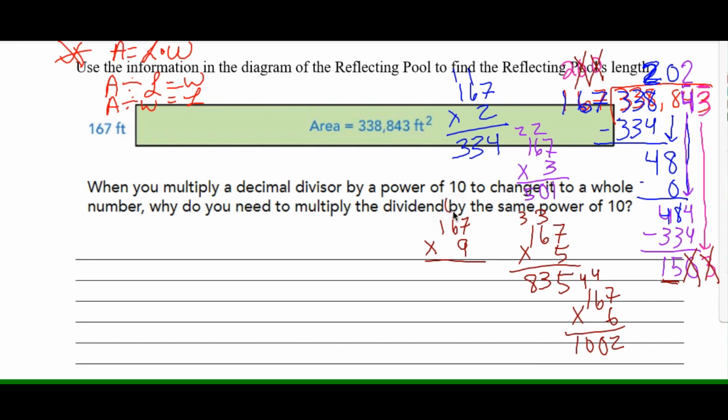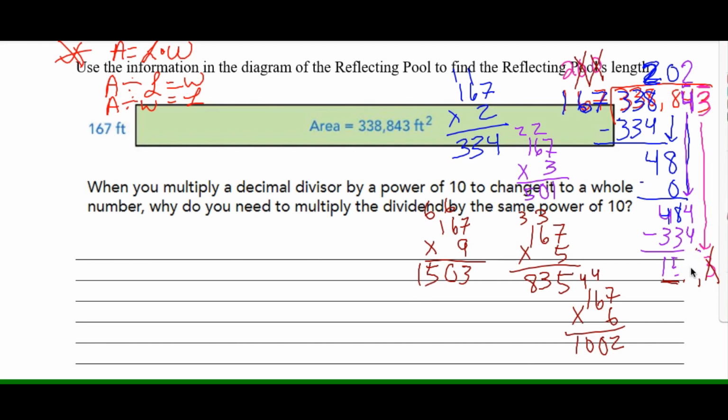So I'm going to try 9. 9 times 7 is 63. And then 9 times 6 is 54, plus 6 is 60. So we put a 0 and carry the 6. And then we have 9 times 1 is 9, plus 6 is 15. And there's our number right there, the exact number that we need.